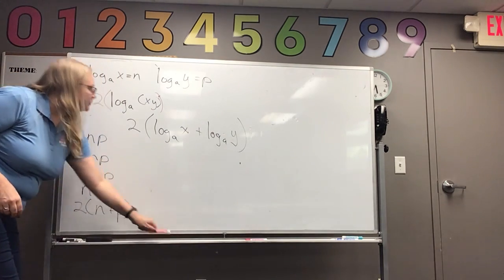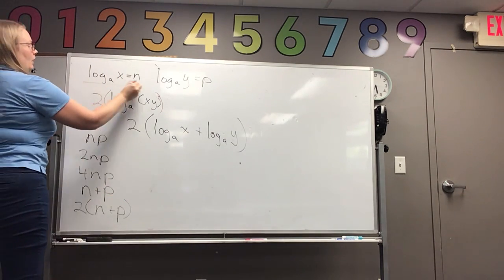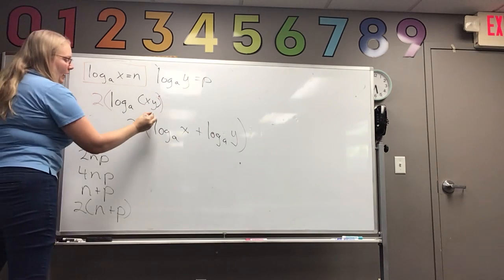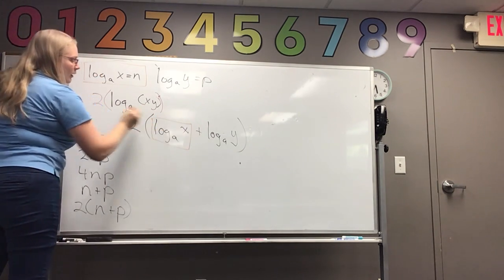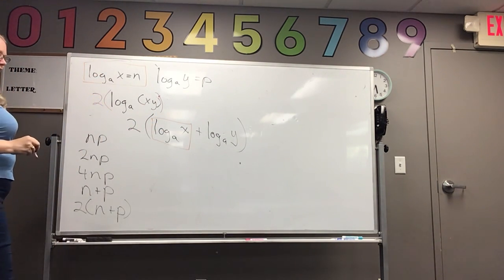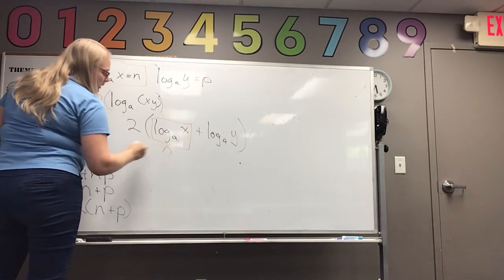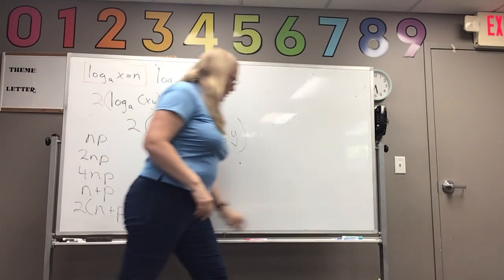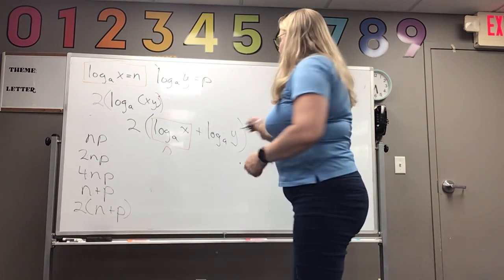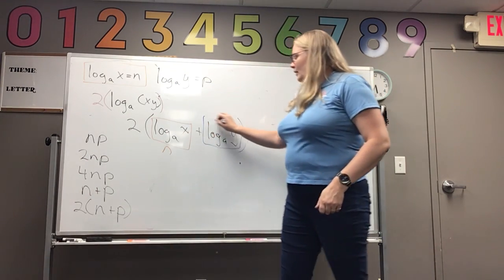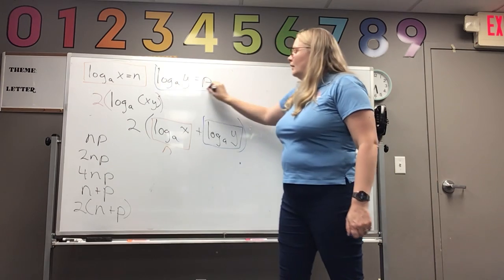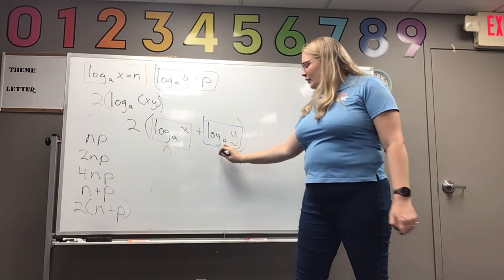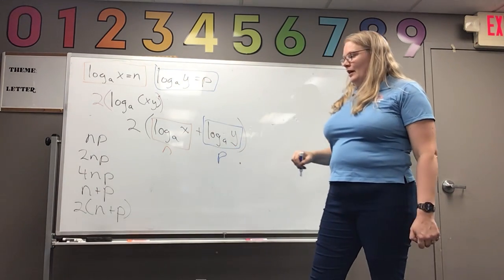Here, we can match those, and so this gets replaced with n. We can match this, and this gets replaced with p.